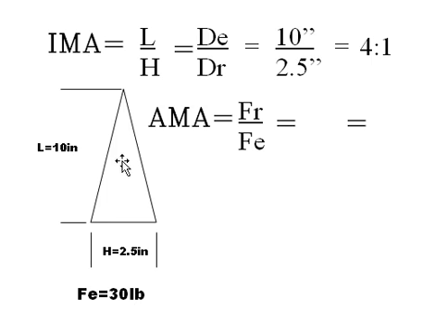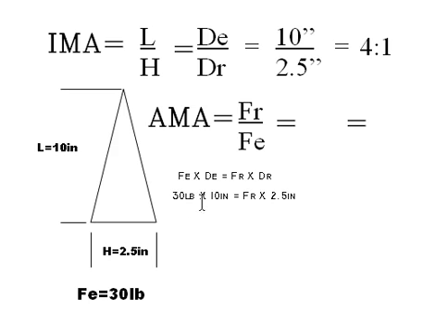So we've got F of E is 30 pounds. We've got a D of E from our IMA equation of 10 inches. We don't have F of R, but we have a D of R of 2.5 inches that we got from IMA as well.